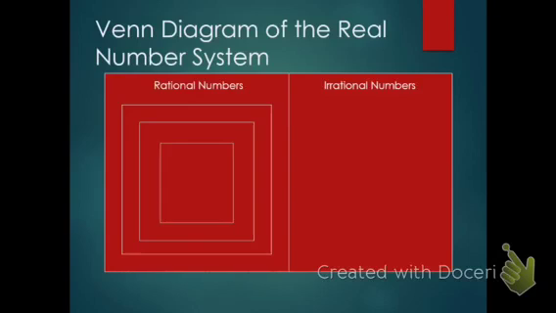So let's focus on the left. You see rational numbers, and then the next subset would be integers. And then the next one would be whole numbers. And then the most inner would be natural numbers.